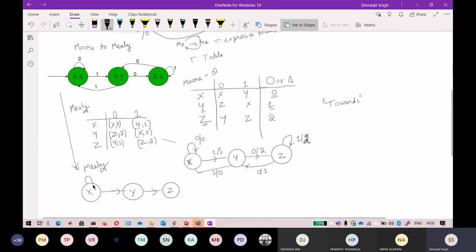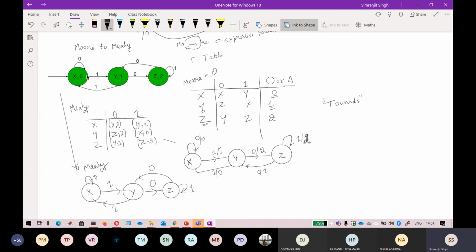I just do it: 0, 1, 1, 0, 1, 0. When you build the table, just go back to the original diagram and see the keyword "two words".